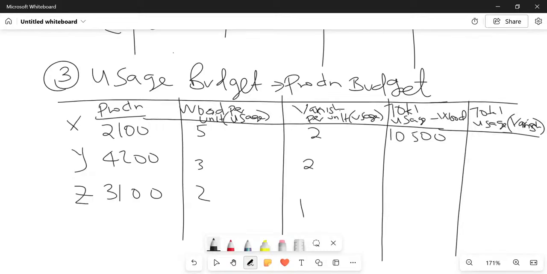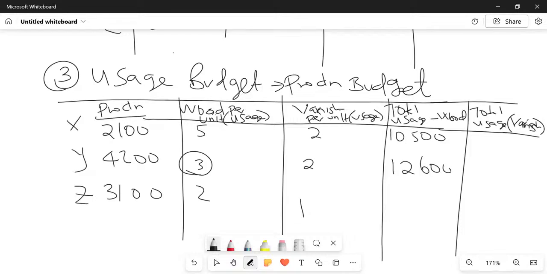For the second one, remember we are still on wood. Tell me the wood kilograms that we need for Y. It'll be 4,200 times 3. According to what some students are giving me, it gives 12,600.